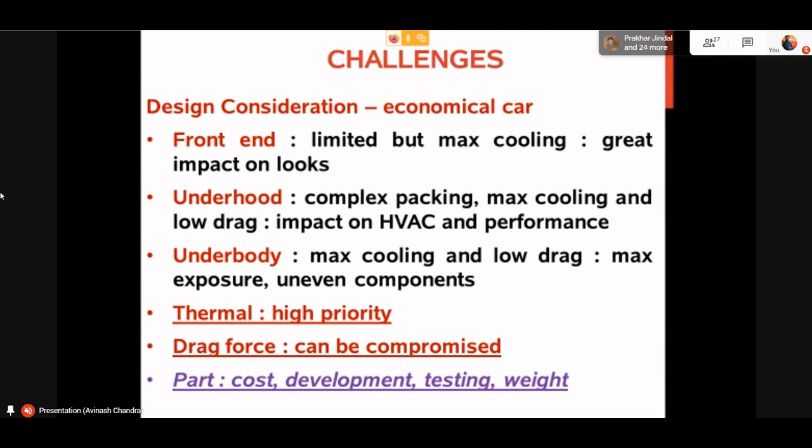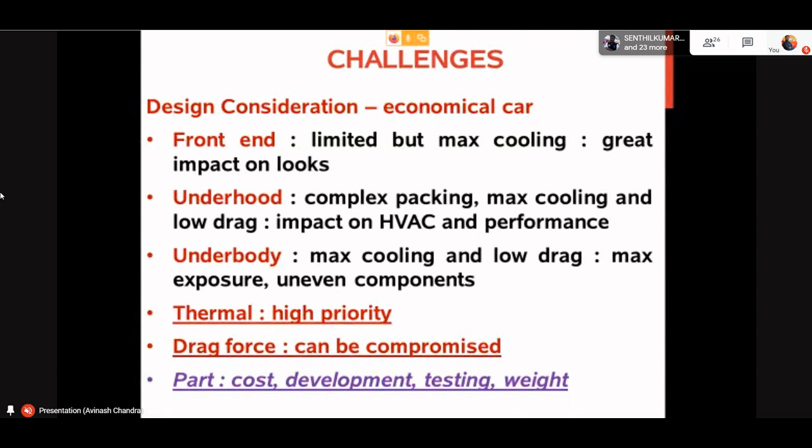Whenever we are doing research and development, or whenever we are going for production of a vehicle, we have to keep these things in mind. Now, we will go a little bit into more details. What are the challenges when we are analyzing or manufacturing a car?